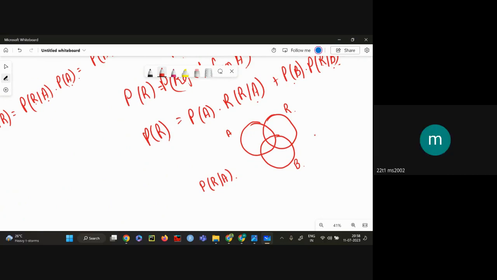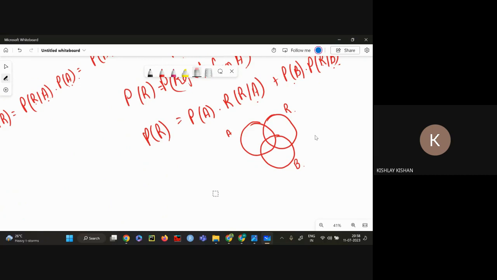That you cannot represent in this. Given an event, you cannot represent it. Basically, this will be a subset of this. So you cannot represent it in a Venn diagram. That will not work.